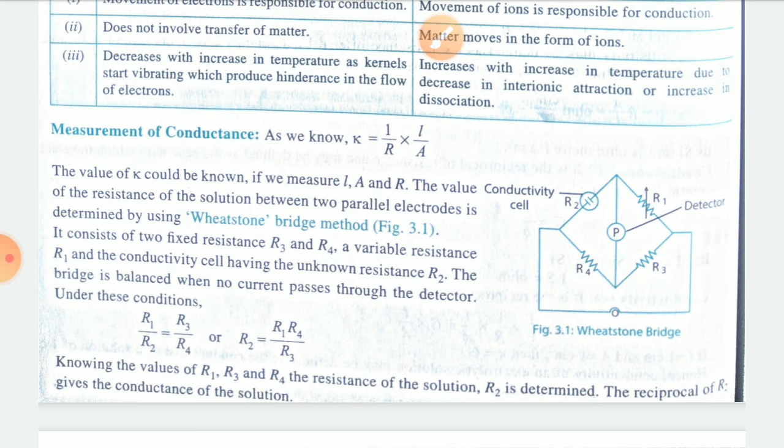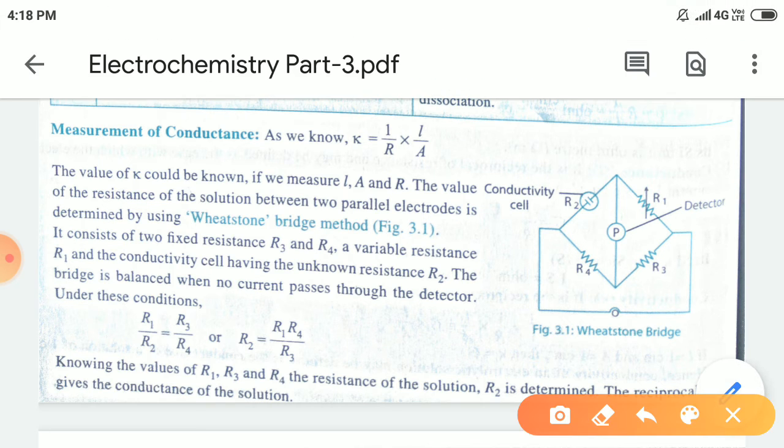In this figure, a Wheatstone bridge is given, in which four resistances R1, R2, R3 and R4 are given. Here R2 is the unknown resistance. This is the resistance of the electrolytic solution. So if the resistances R1, R3 and R4 are known, we may find the unknown resistance R2 with the help of the Wheatstone bridge.